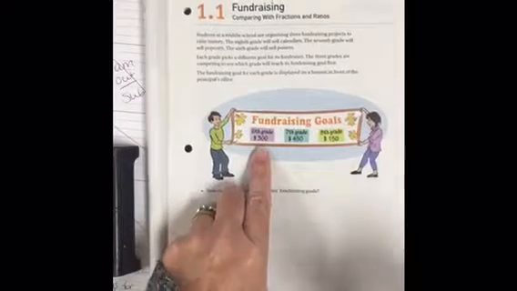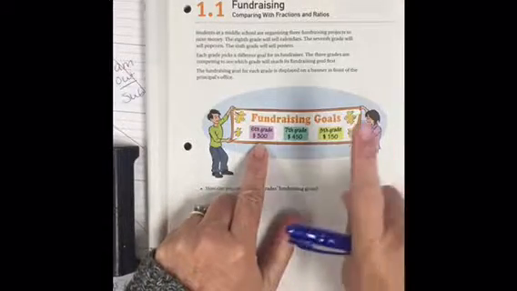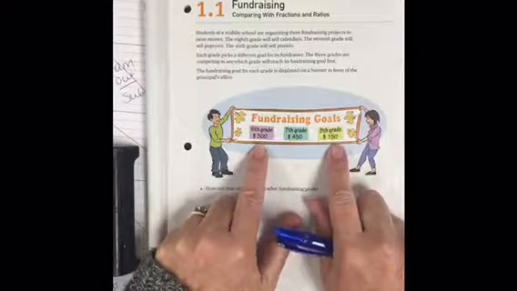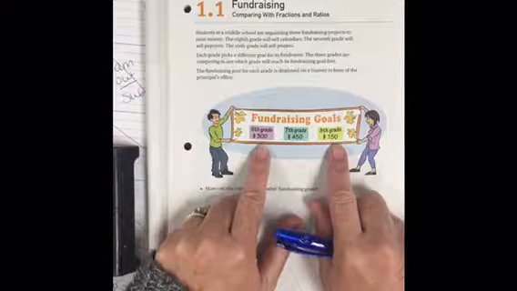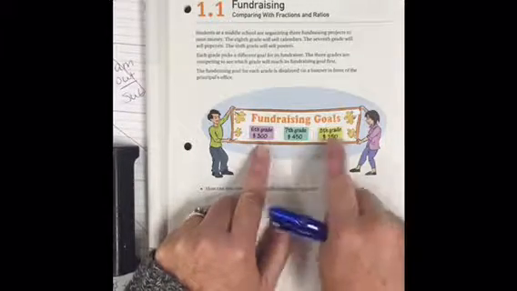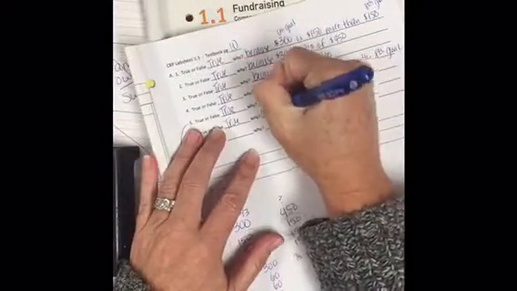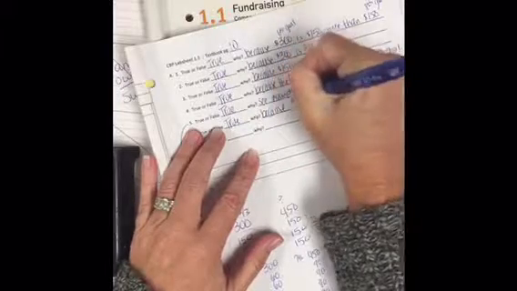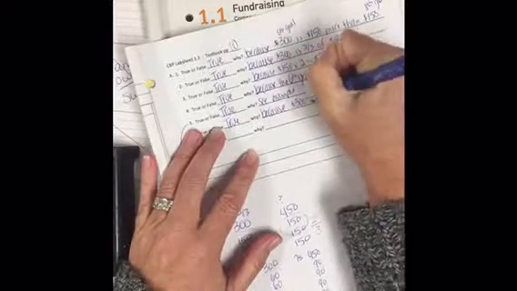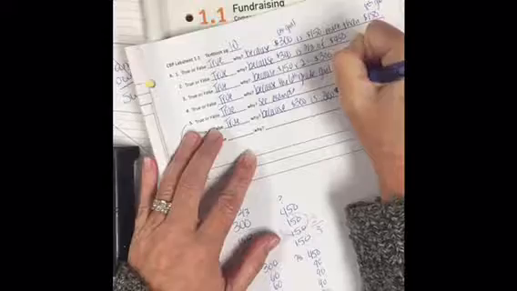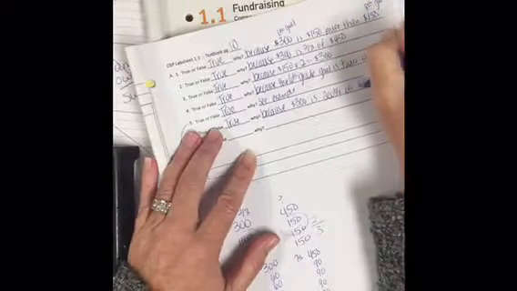What does 200% mean? It means 2 times, right? Is the 6th grade fundraising goal 200% of the 8th grade goal? Remember, 200% just means twice as much, and absolutely 300 is twice as much as 150. So again, we have true because 300 is 200% of 150.